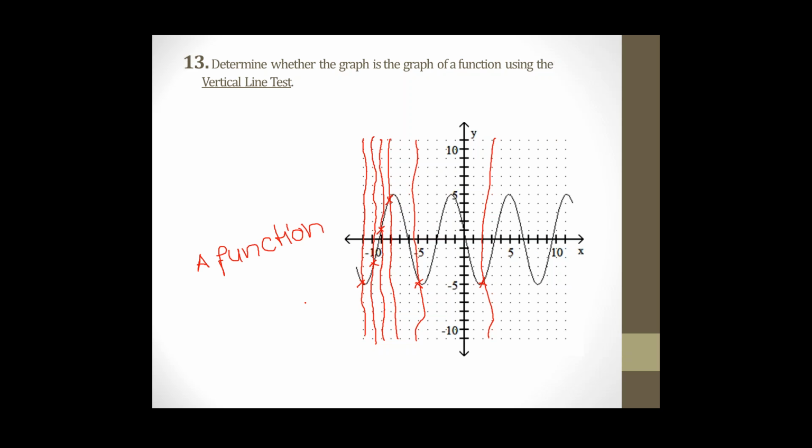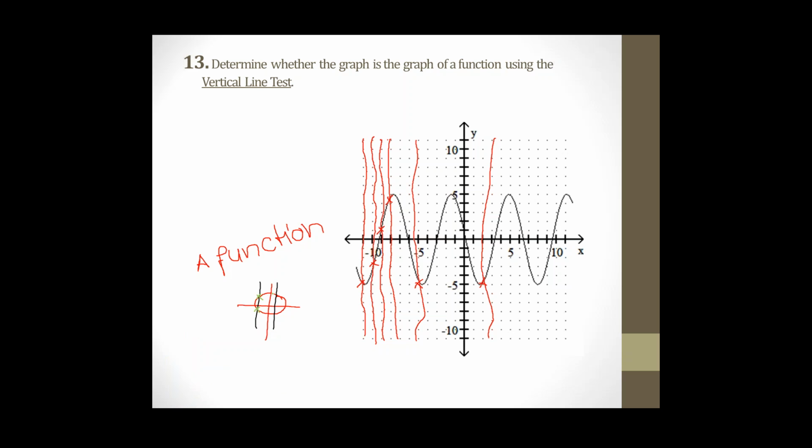Function. For example, if you have a graph that looks like this, and then you draw your vertical lines. So now you can tell that the vertical line crossed the graph twice.